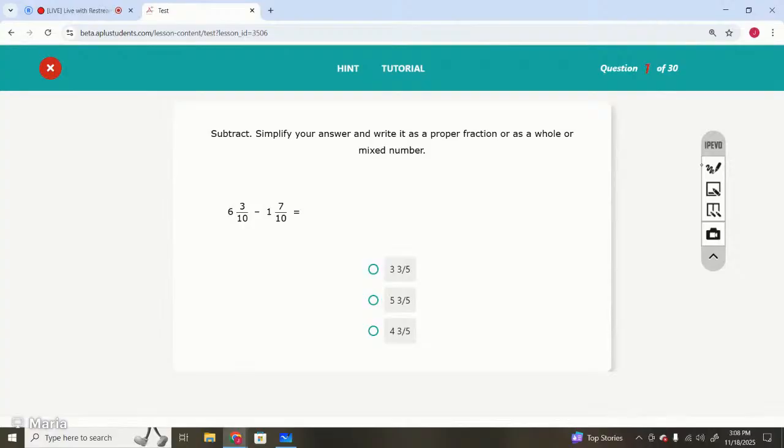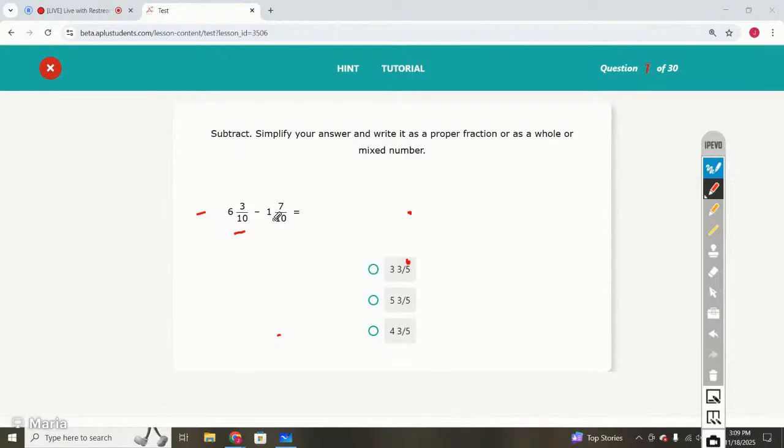Subtract 6 whole 3 by 10 minus 1 whole 7 by 10. They have the same denominators, that is 10. So subtract their whole numbers, but we cannot subtract their numerators.